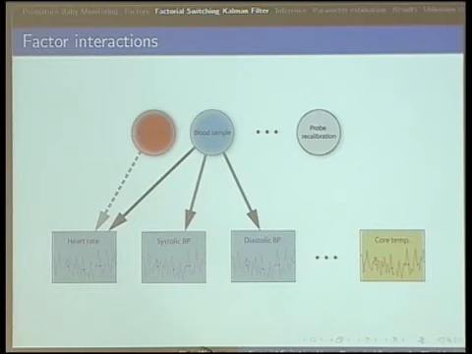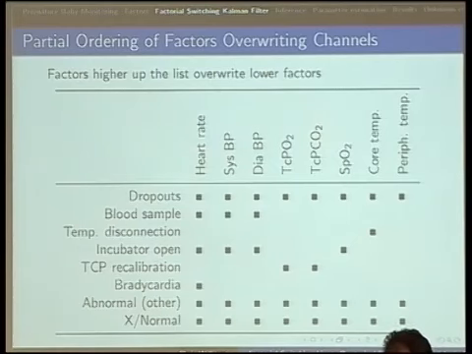But the point of this illustration is that various of these factors can affect various channels, and they can also affect them in various ways. So what we need to build into the system is this knowledge of how that happens, and this is relatively easy to elicit from the clinical staff.